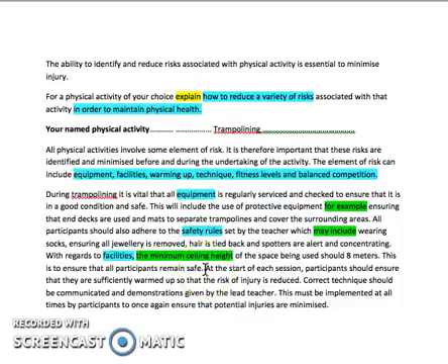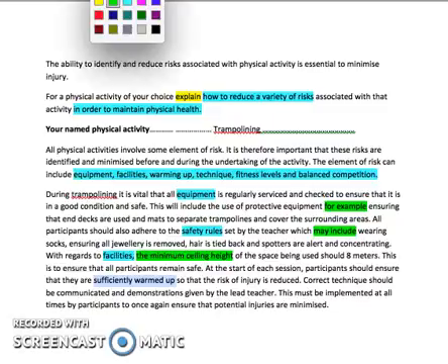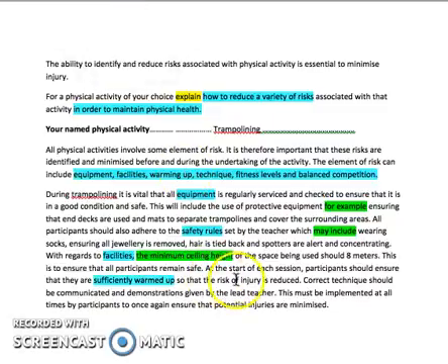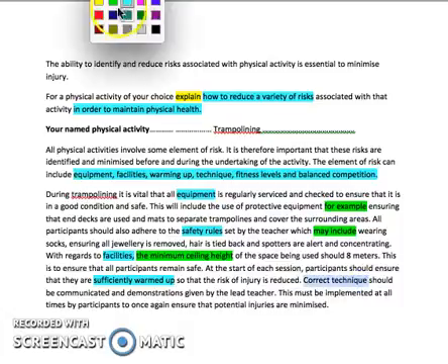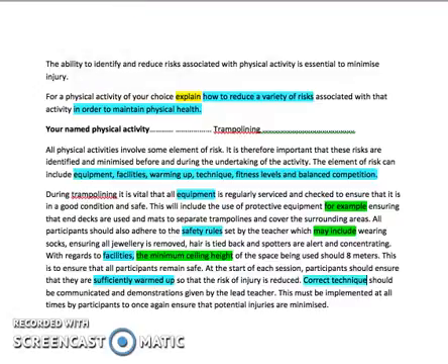At the start of each session, participants ensure they are sufficiently warmed up. Okay, so there's another key term, so the risk of injury is reduced. Correct technique is another term. Okay, just there. Should be communicated and demonstrations given by the lead teacher.